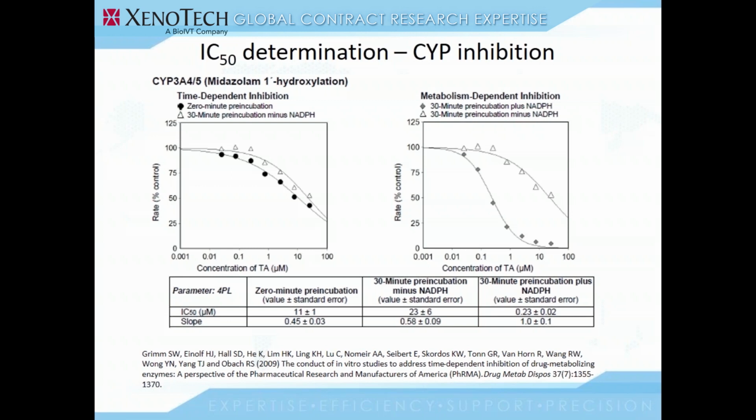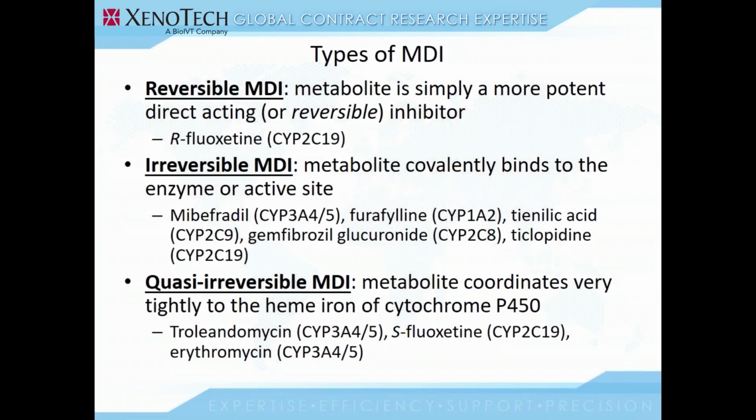So when using the IC50 shift approach, a decrease of 1.5 to 2-fold represents a significant enough change to categorize a new molecular entity as a potential TDI. XenoTech takes the most conservative approach to this suggested range, and we classify MDI if there's a left shift of 1.5-fold. So the different types of MDI include reversible MDI, irreversible MDI, and quasi-irreversible MDI.